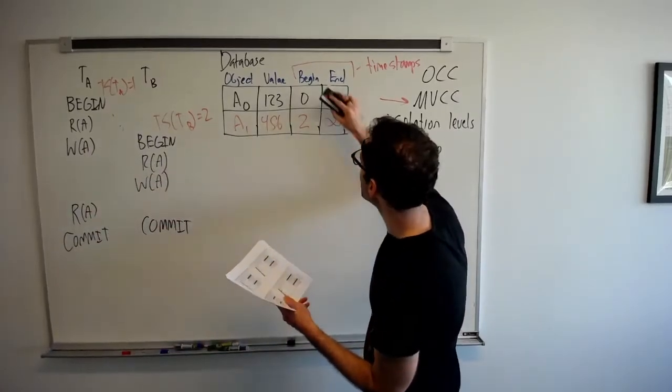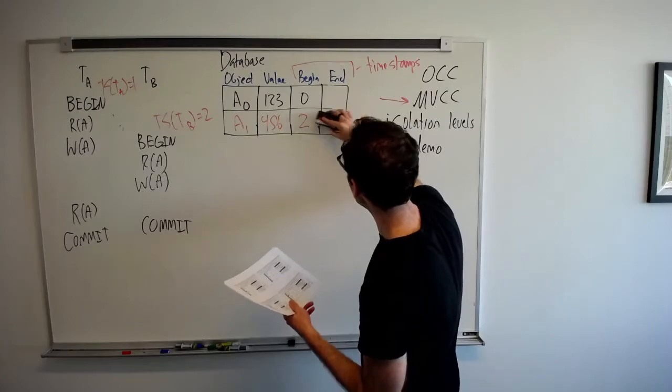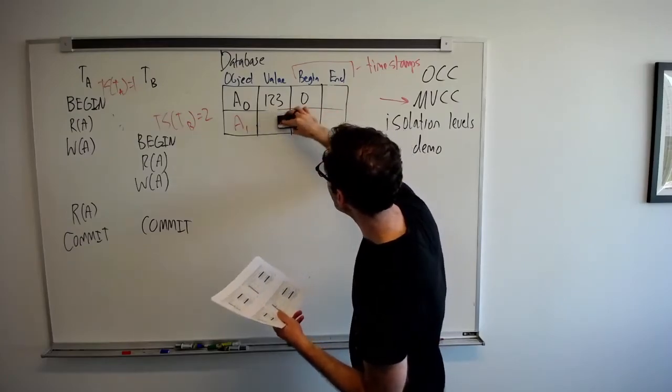All right, and we're going to start just with A0, like we did in the previous example.